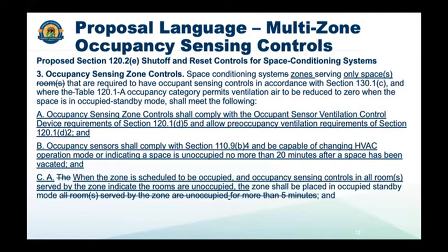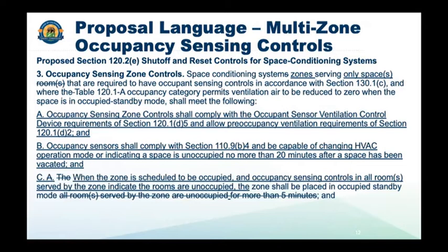Those 2 requirements are in section 120.1D2 and D5. In addition, it is also intended to clarify the response time in this section 120.2 and also in the acceptance test section in NA. We'll have some more slides for that acceptance test section.